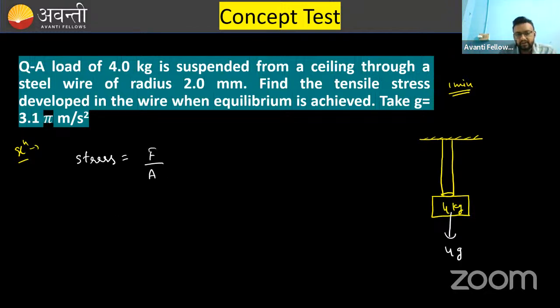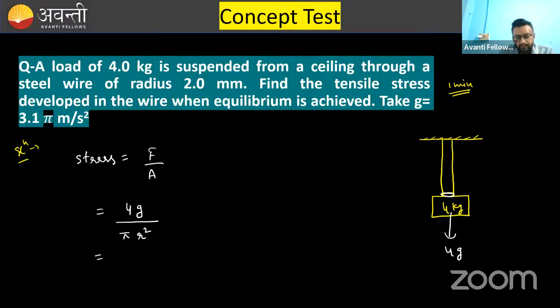Restoring force is 4g, where g is acceleration due to gravity. And the area of this cross section is nothing but pi r square.